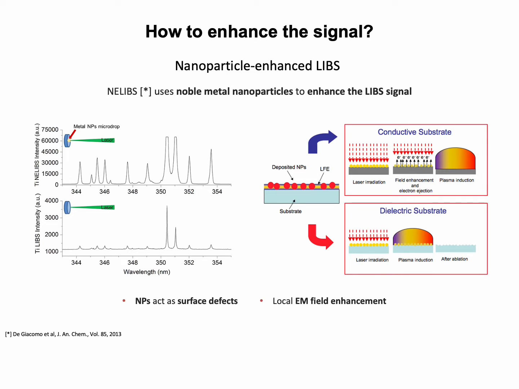This is due to the oscillation of the surface conduction electrons of the nanoparticles induced by the laser pulse itself. Moreover, the nanoparticles also act as thermally insulated elements, lowering the breakdown threshold and becoming ignition points for the plasma. This technique has proven to be very versatile and has been applied successfully to metal samples, gemstones, liquids, and for the detection of molecular bands.